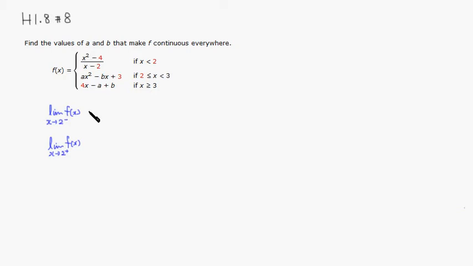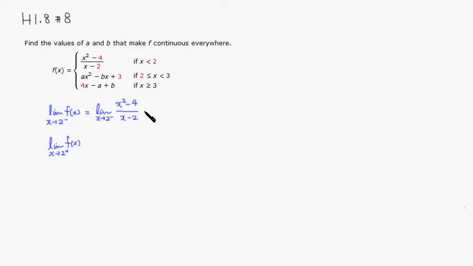If it's approaching from the left, x is less than 2, so we have to use the first formula. So we have the limit as x approaches 2 from the left of x squared minus 4 all over x minus 2.